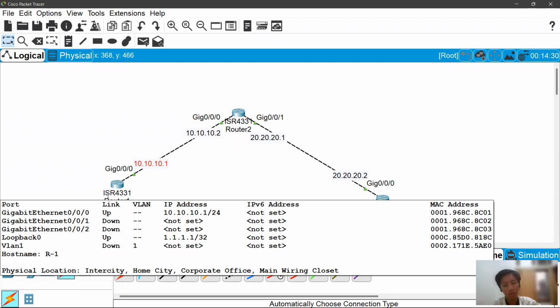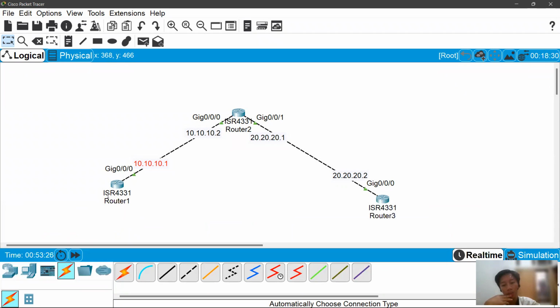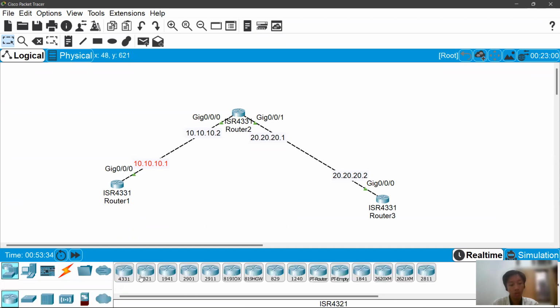It's very simple. If we have a large topology, like 10 routers, using routing static is very tiring.